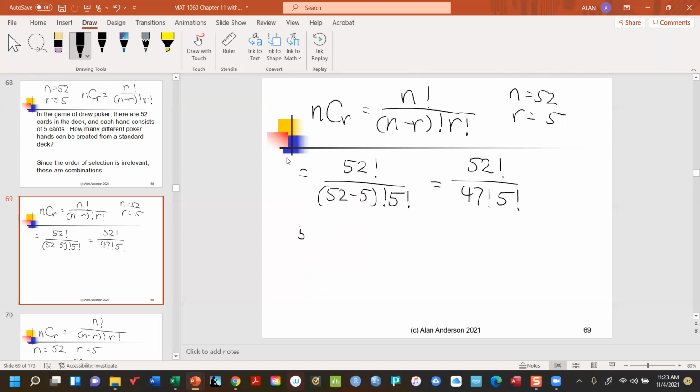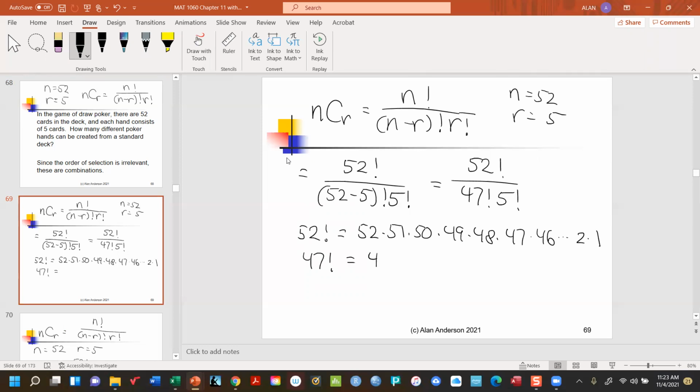52 factorial is equal to 52 times 51 times 50 times 49, as you know. Obviously I left out a bunch of them, but 47 factorial equals 47 times 46 times 45, blah, blah, blah, all the way to 2 times 1.